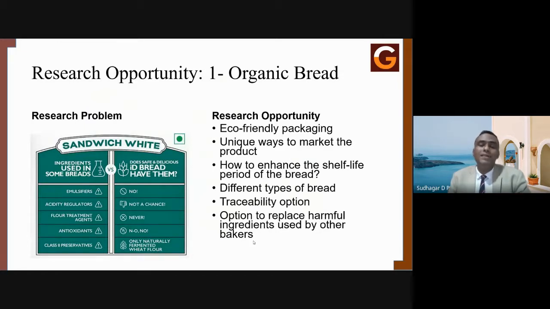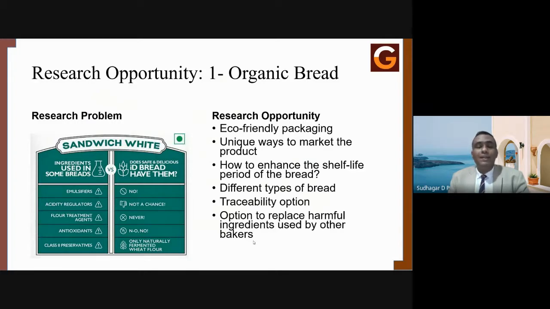So as a researcher, is it possible for you to come out with a substitution for emulsifiers and a substitution for acidity regulators, so that other manufacturers also can use the ingredients you create out of your research, so that everyone can be involved in creating healthy bread, which will create health and wellness for the people in society.